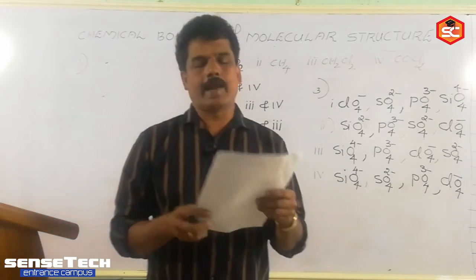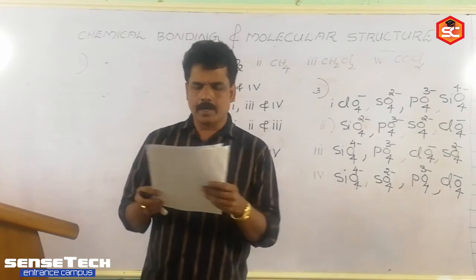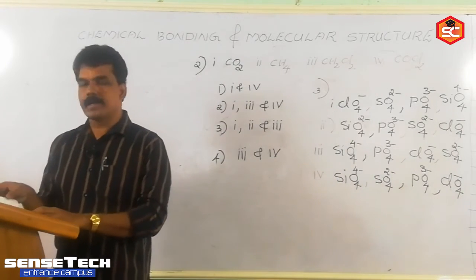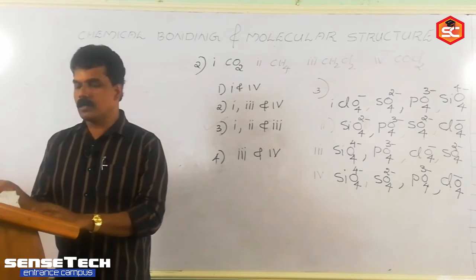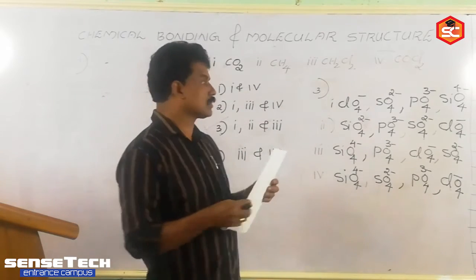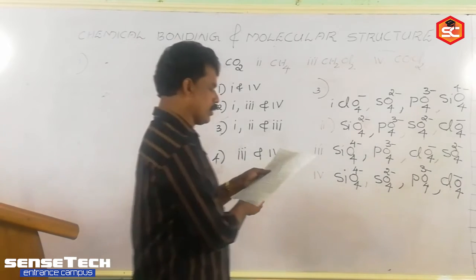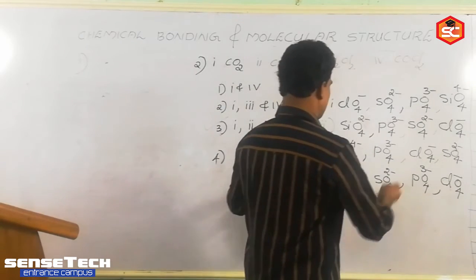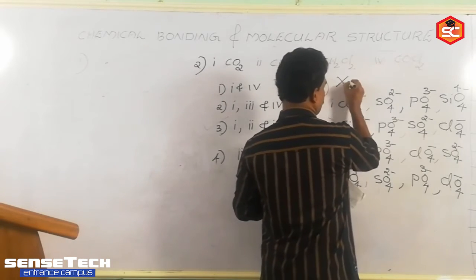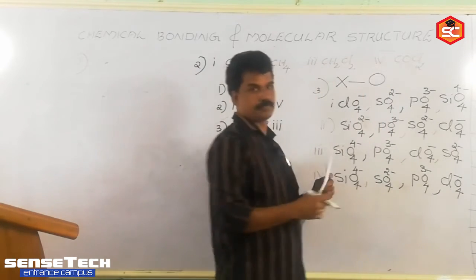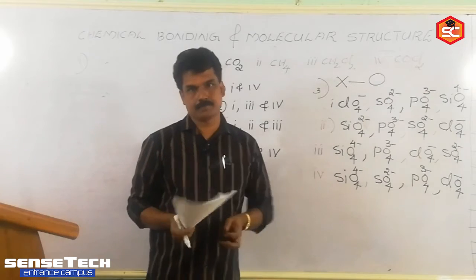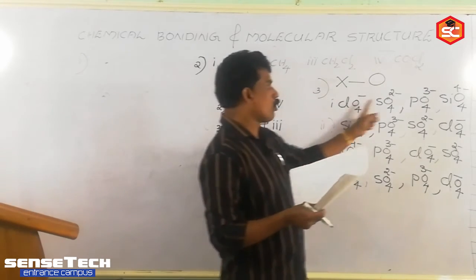Third question: arrange the following ions in the order of decreasing XO bond length, where X is a central atom. So all have oxygen.